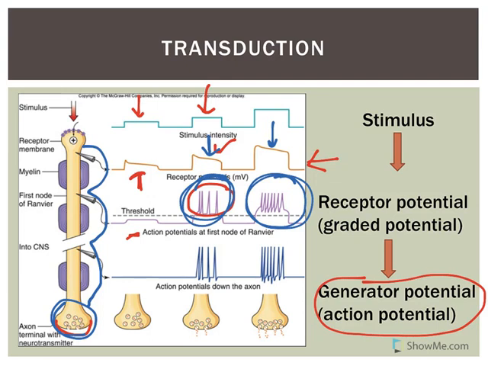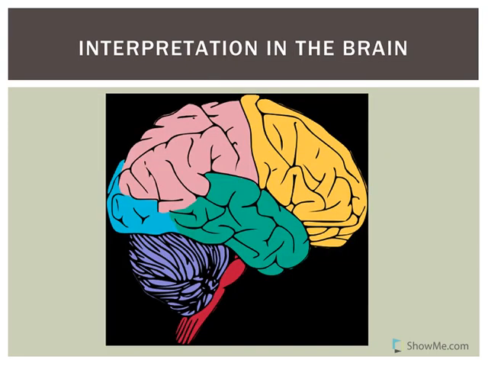It's going to involve some release of neurotransmitters at the synapse, and will generate another action potential along the next neuron. Eventually that information is carried to the central nervous system.